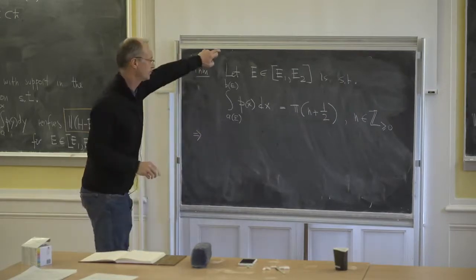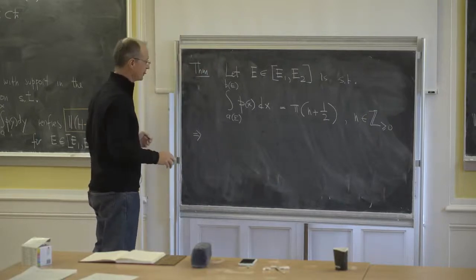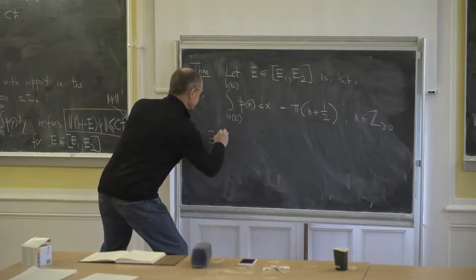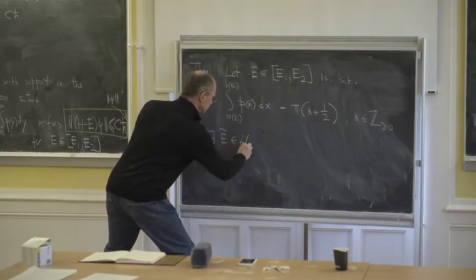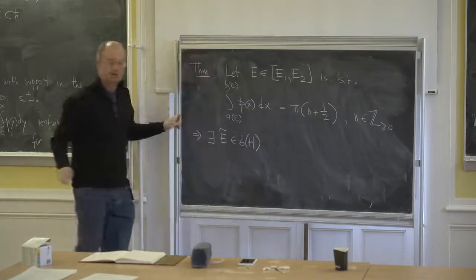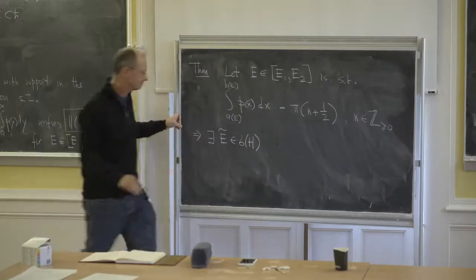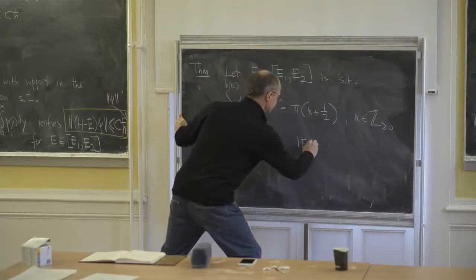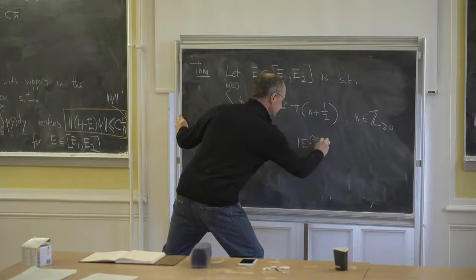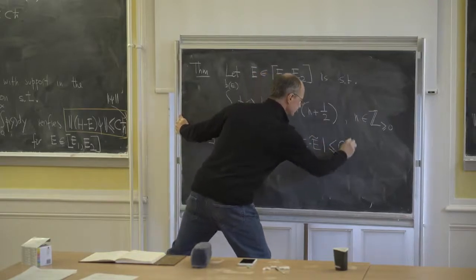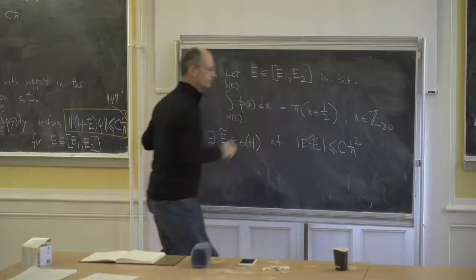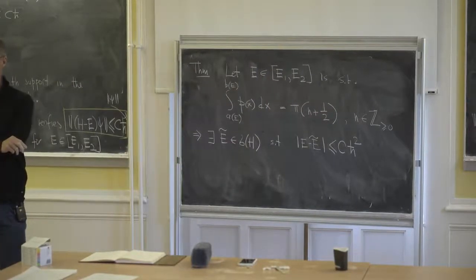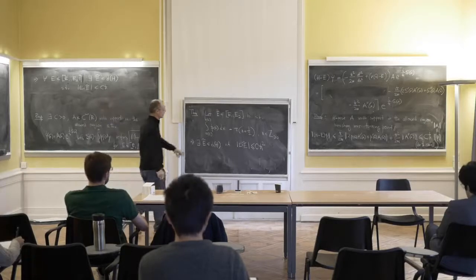I would have to add something before. So then, there is an E tilde in the spectrum of H, such that there is a constant times H bar square difference from the point of the spectrum.